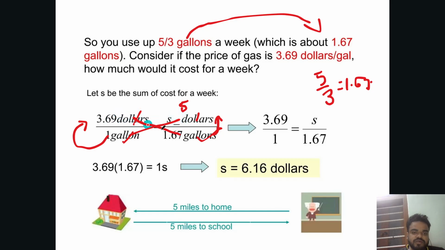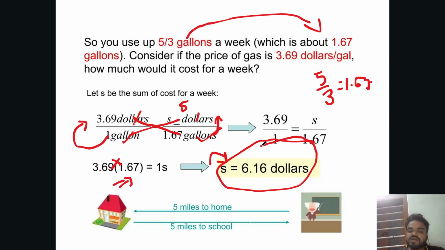So 3.69 into 1.67 is equal to 1 into x. If you multiply and round up, the cost becomes 6.16. So per week you need $6.16. Got it? In the previous problem you just calculated gallons, but here you calculated the cost of the gallons.